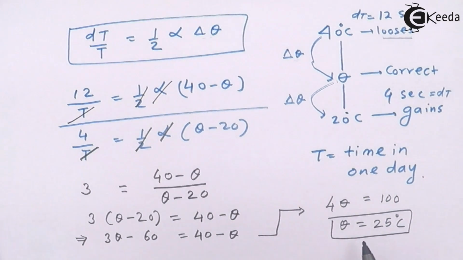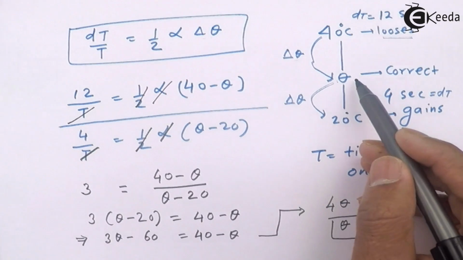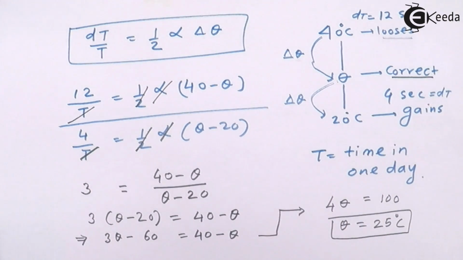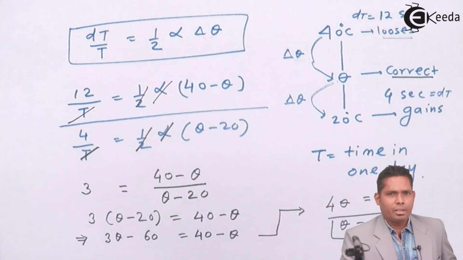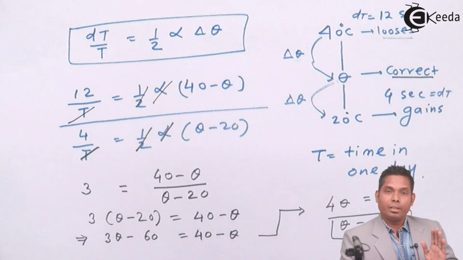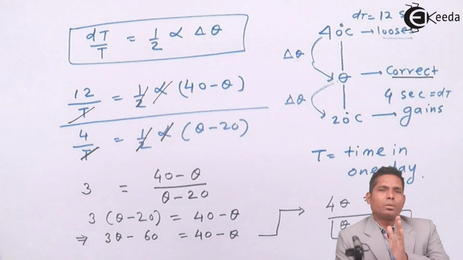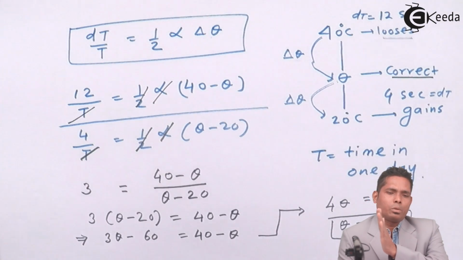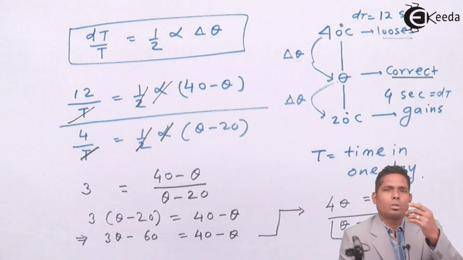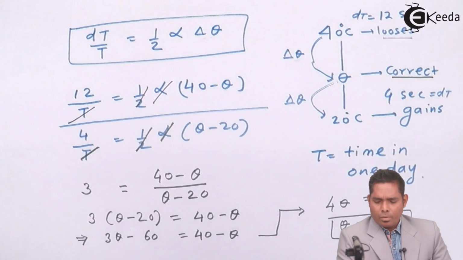So what is that theta? Theta corresponds to the temperature when the clock gives the correct time. So at 25 degrees centigrade, the clock gives correct time. If the temperature increases to 40 degrees centigrade, the length increases. If the length increases, the time period will increase, which means the pendulum will go slow and the clock will lose 12 seconds in a day.